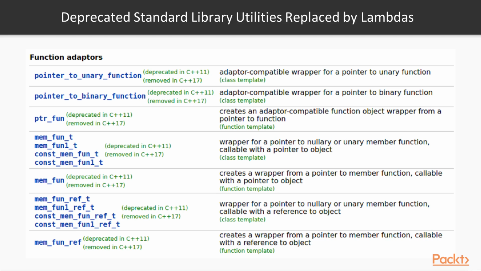There also are way more deprecated objects or adapters. As an example, we have pointer_to_unary_function, pointer_to_binary_function, ptr_fun, mem_fun, and mem_fun_ref. All of these were replaced by modern utilities in C++11 and should be replaced by the superior solutions implemented using lambdas.